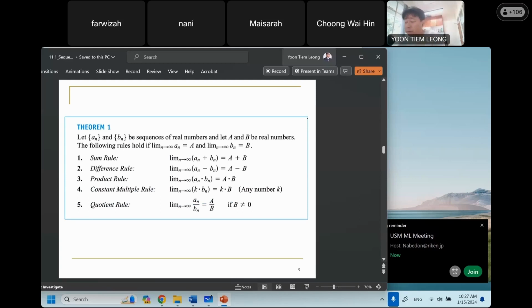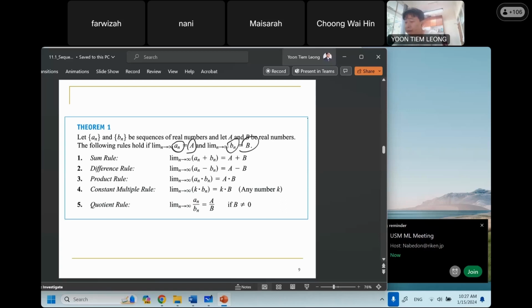If you have a sequence a_n which has a limit of A, and a sequence b_n that has a limit of B, then when you combine the two sequences together to form new sequences, the limit of the new sequences obeys these rules.